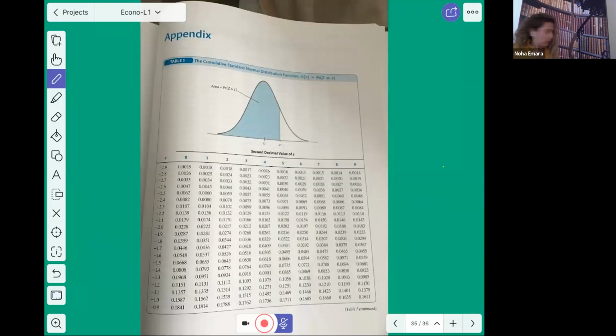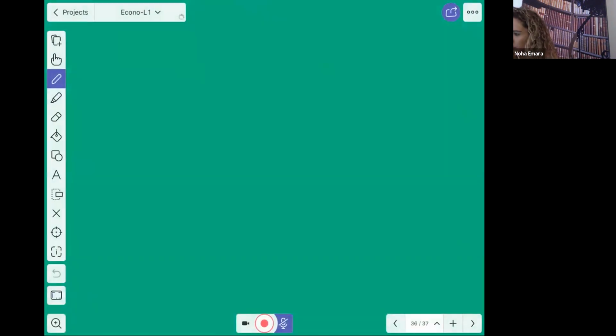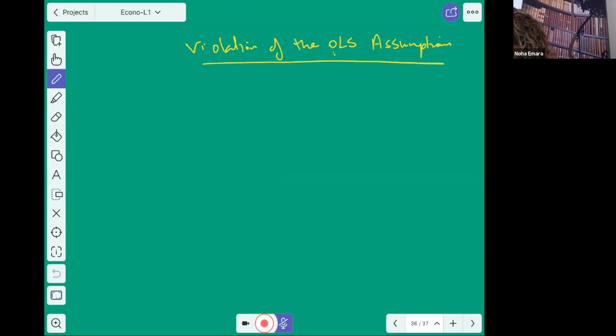Okay, so today's topic is about the violation of the OLS assumptions. Okay, and OLS is the ordinary least squares.